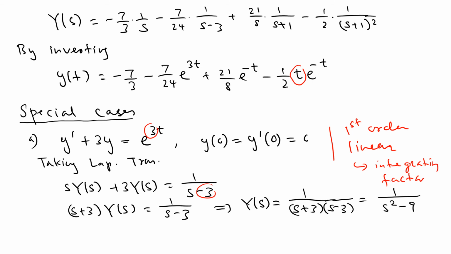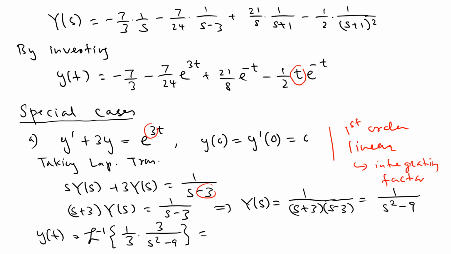And we know how to find the inverse of that. That is the hyperbolic sine. You can see only 3 is missing, so you can multiply the top and bottom by 3. So y(t) is simply the inverse Laplace transform of 1/3 times 3 over s squared minus 9.